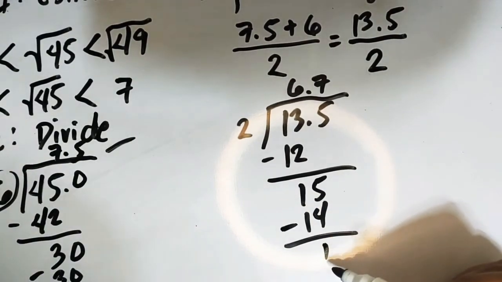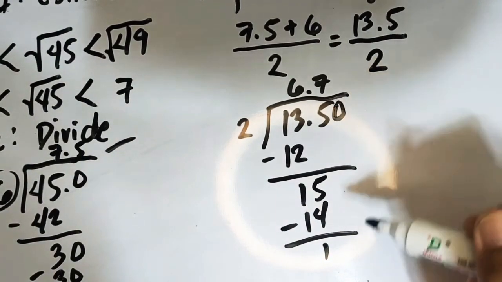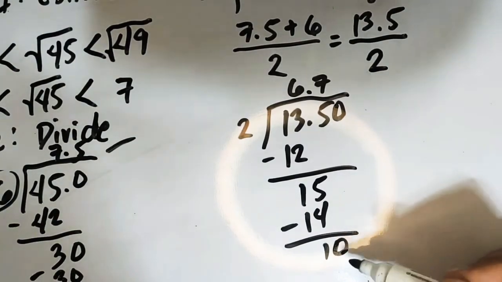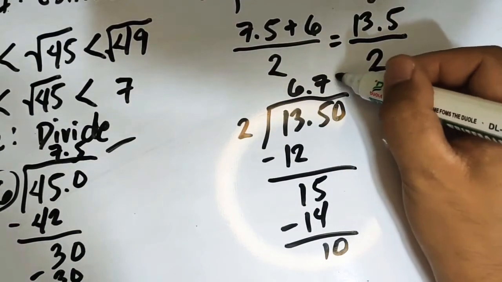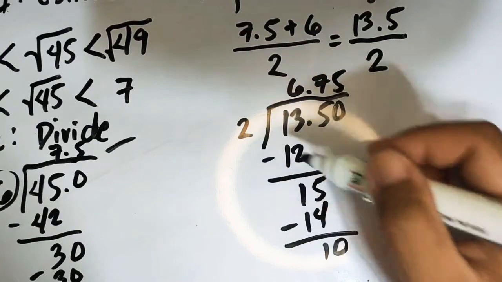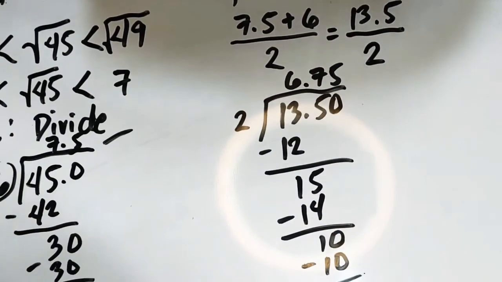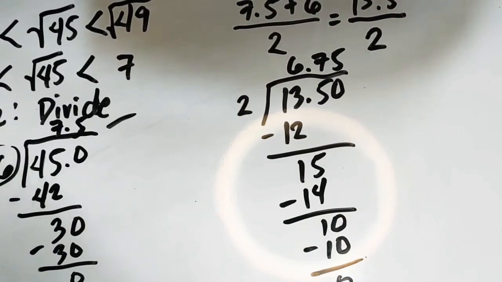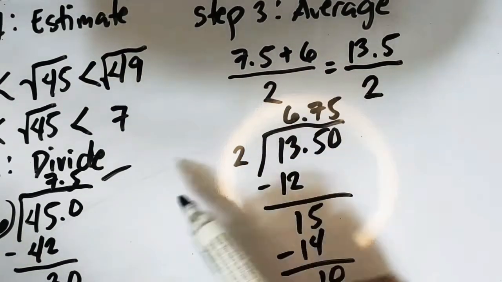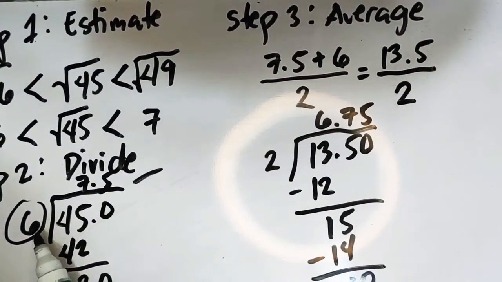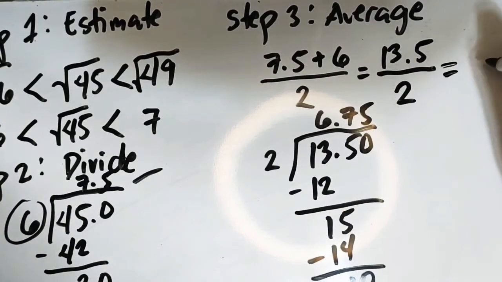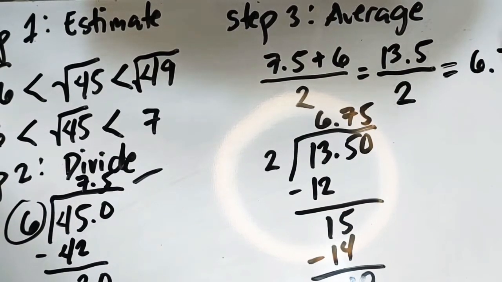So, we still have a remainder of 1. Magdagdag tayo ng 0. 10 divided by 2 is 5. And 5 times 2 is equal to 10. Now we have 0 remainder. Okay? So, the average of 7.5 and 6 is equal to 6.75.